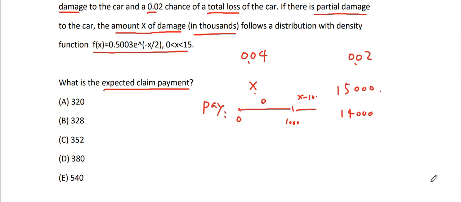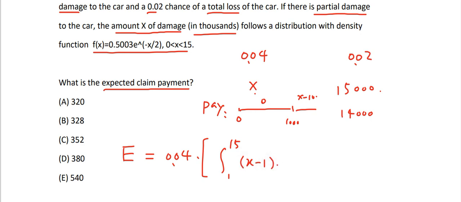The expectation for the payment is: from 0 to 1 pay 0, and from 1 to 15, they will pay x minus 1, times the partial damage probability 0.04. Don't forget the 0.04.